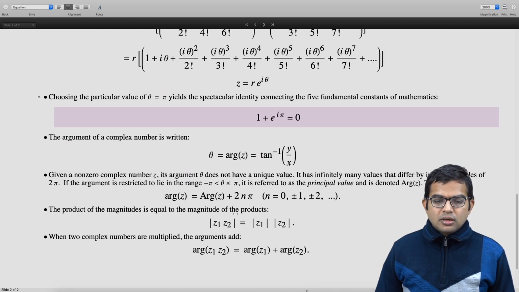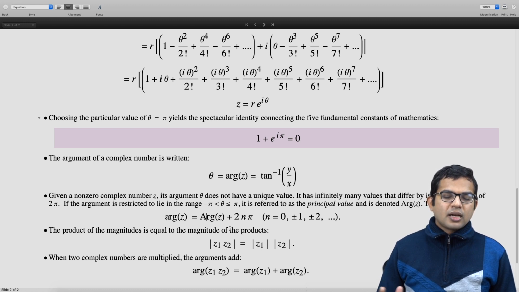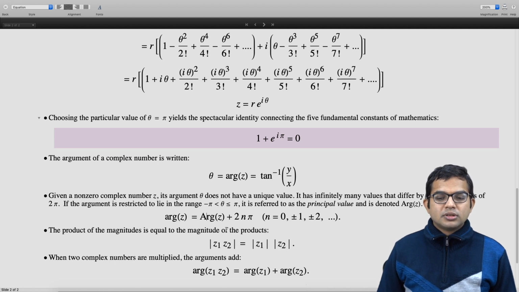So there is one value for capital arg of z, but there are all these infinitely many different values that are associated with small arg, right? This notion of non-uniqueness has consequences, and perhaps much later we might return to this aspect of complex functions which don't have a unique value.